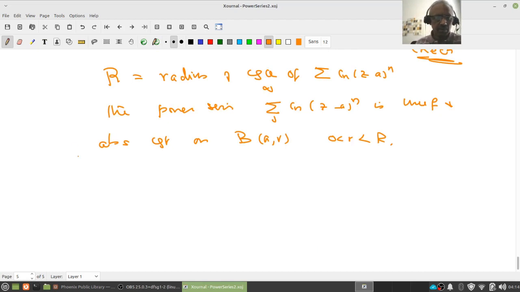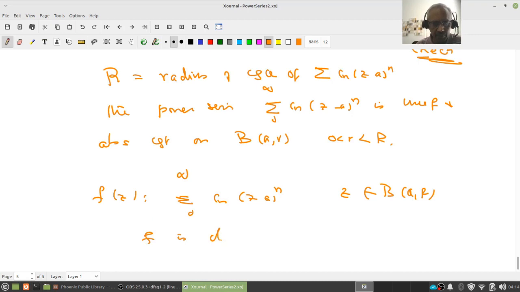If I define f(z) to be the sum of Cn (z minus a) to the power n, n from 0 to infinity, for z in B_a(r), which is nothing other than the sum of the series, then f is a continuous function on B_a(r). This is a byproduct of the proof.